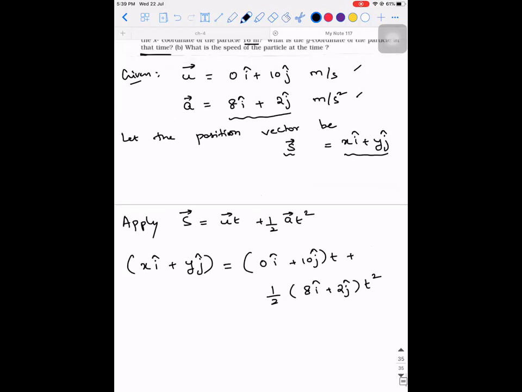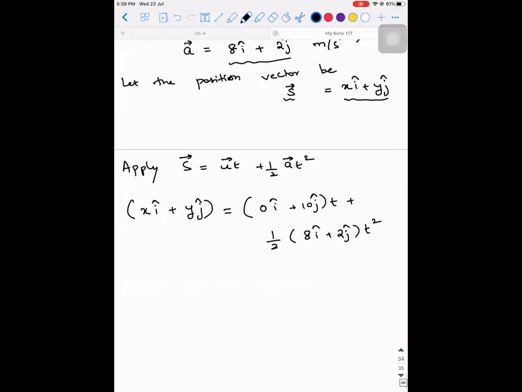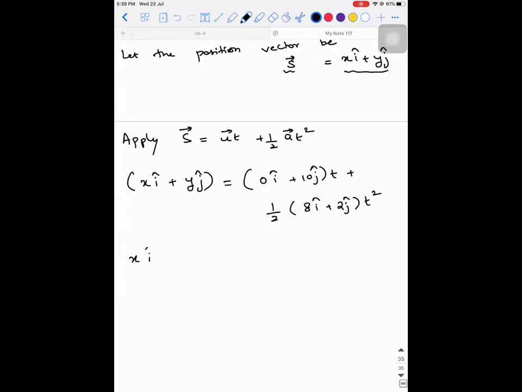Now look at the question. First let me rearrange. x i cap plus y j cap is equal to 0 into t i cap plus 10t j cap plus 4t square i cap plus t square j cap.